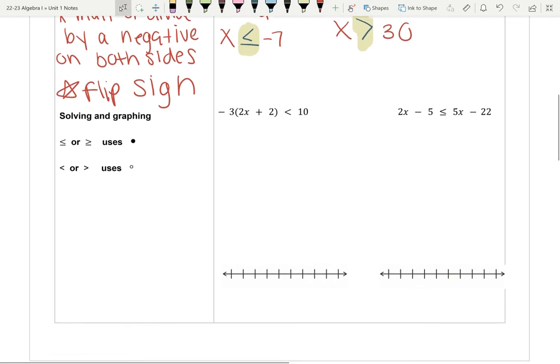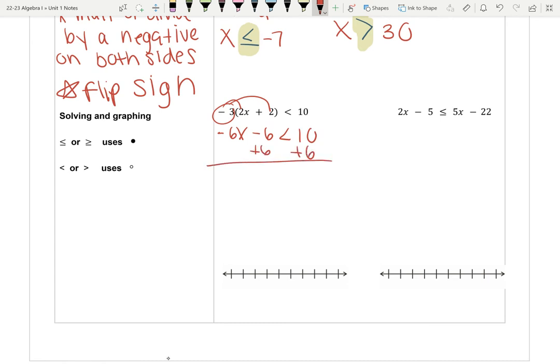Okay, so for our first one here, we need to deal with our distribution. So I'm going to distribute first, just like I would a normal equation. And I have negative 6x minus 6 is less than 10. I'm going to add my 6 over. And I get negative 6x is less than 16. Now I'm going to divide by negative 6. So here I'm left with x.